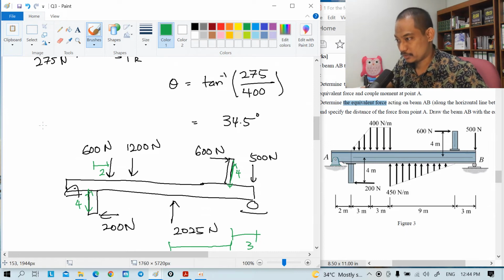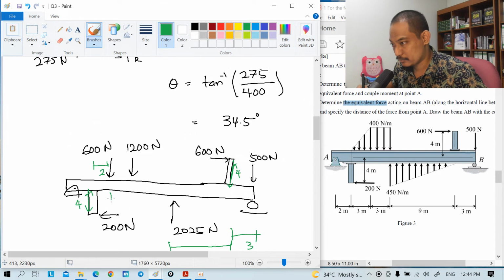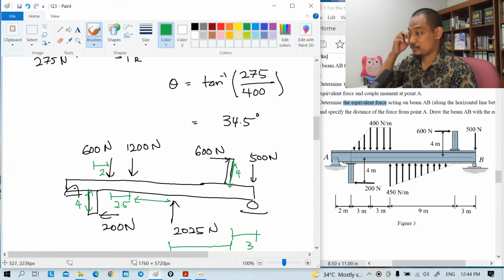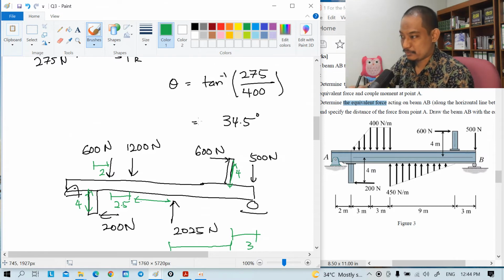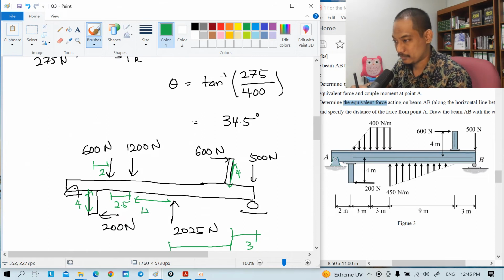Where is my mouse? 2.5. And this one is, we have 3 plus 1.5, right? 3 plus 1.5, 4.5.